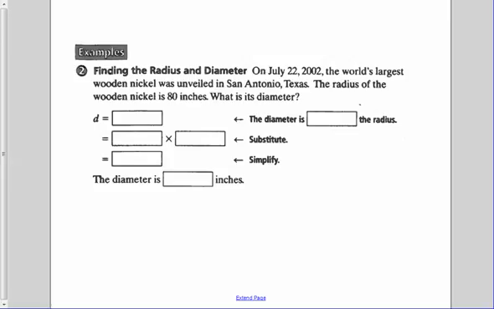Alright, finding the radius and diameter. On July 22nd, 2002, the world's largest wooden nickel was unveiled in San Antonio, Texas. The radius of the wooden nickel is 80 inches. What's its diameter? Well, we know the diameter passes through the center and goes all the way across. The formula for diameter is 2r, which means we're doubling the radius.